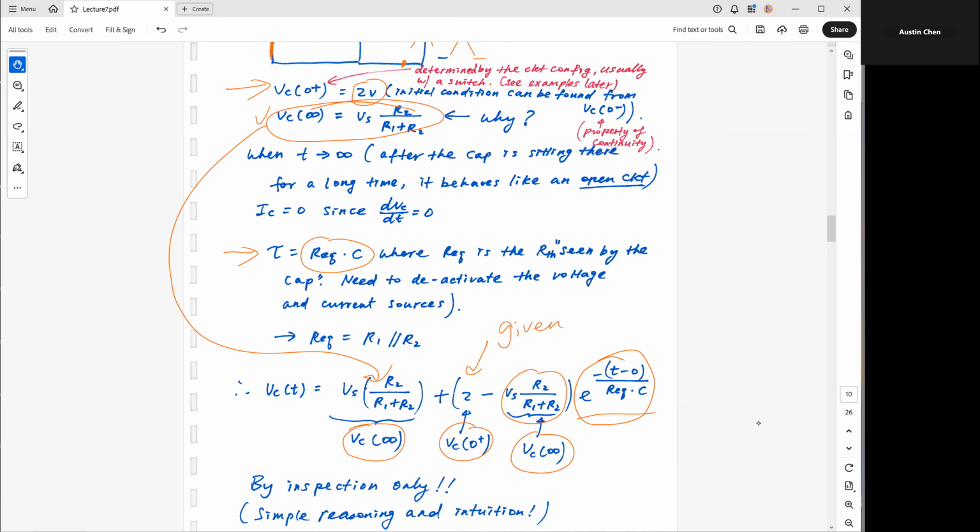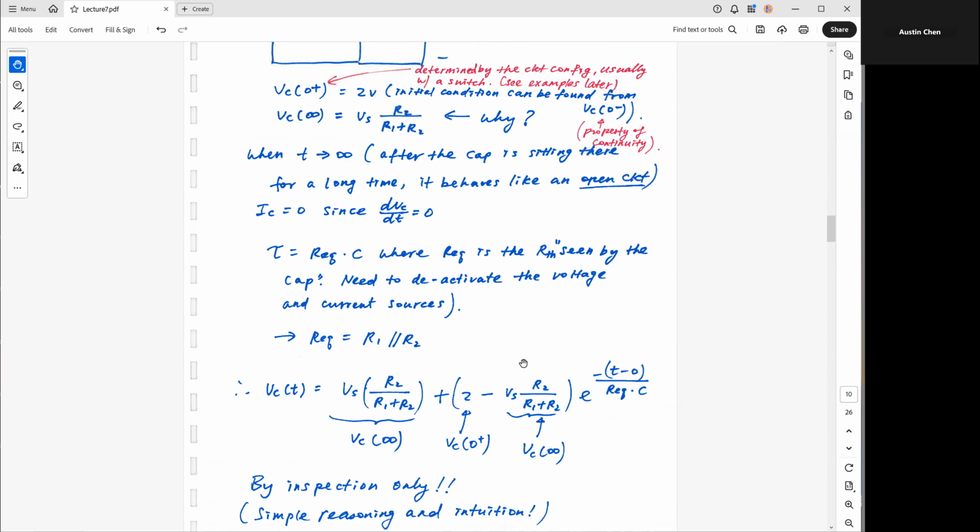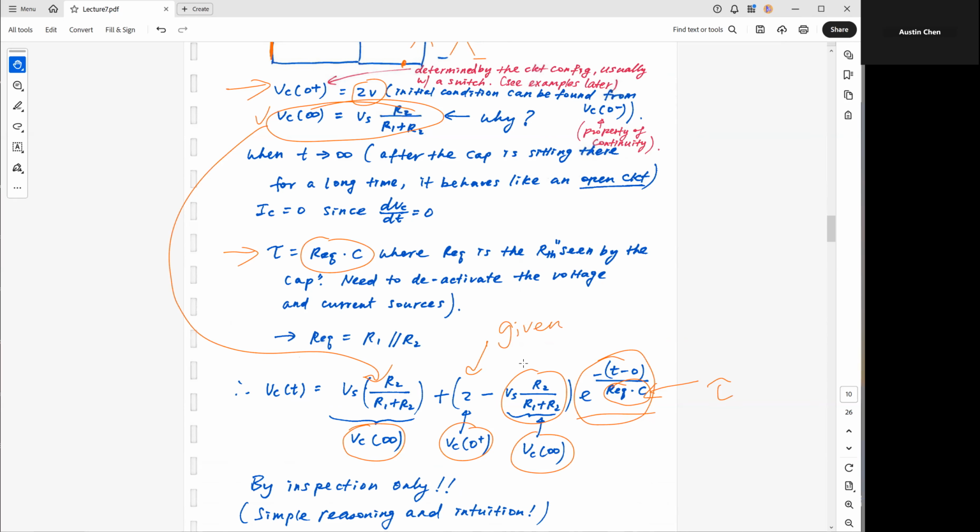In the exponential function, I have this tau on the bottom, and the tau is calculated as Req times C, where Req is R1 in parallel with R2. Once you figure out this tau, you can just plug in here, and then you're done. So that's the entire process for you to find VC of t.